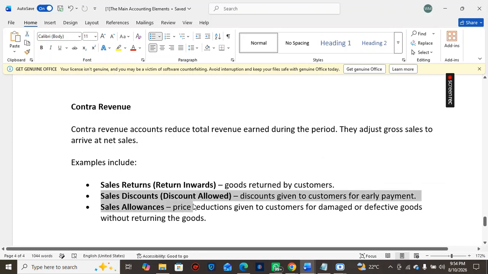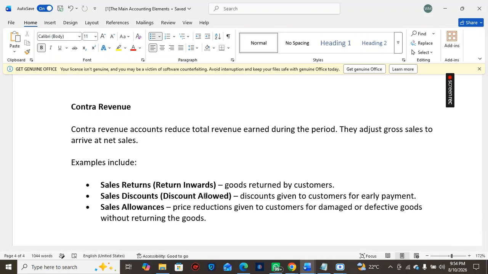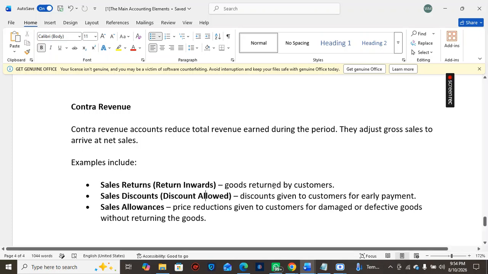Sales discounts, like discount allowed, also reduce the revenue that you'll be getting. If you're offering your customers discounts, it reduces your sales revenue. Even sales allowances, price reductions given to customers for damaged or defective goods without returning the goods.